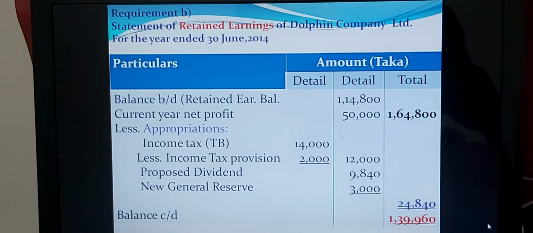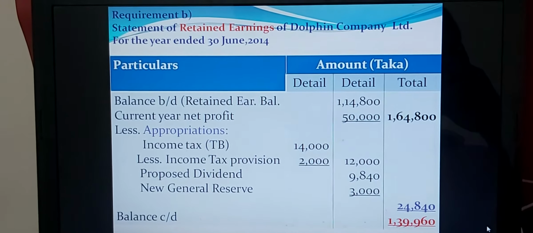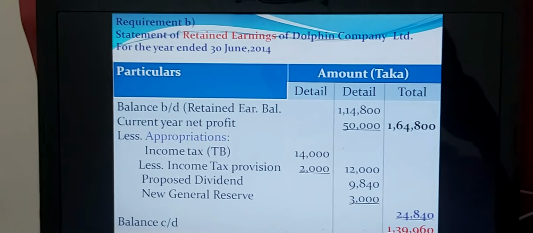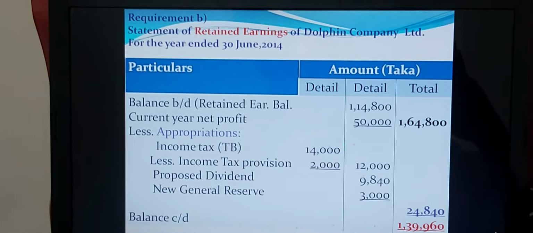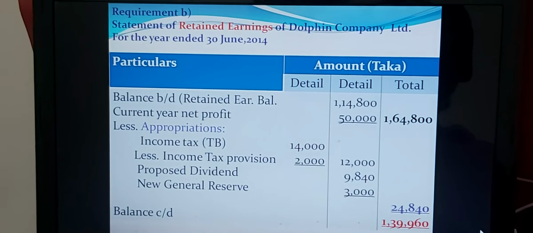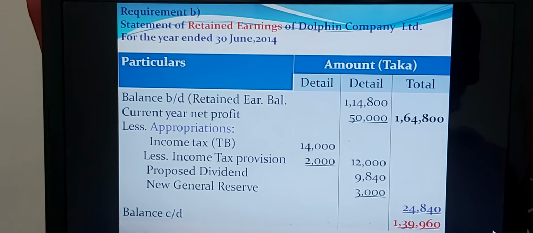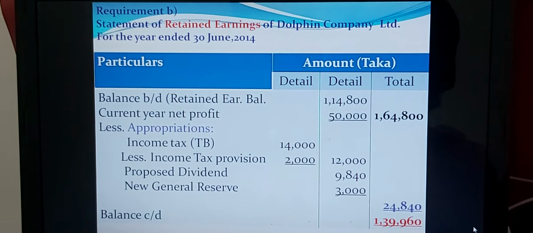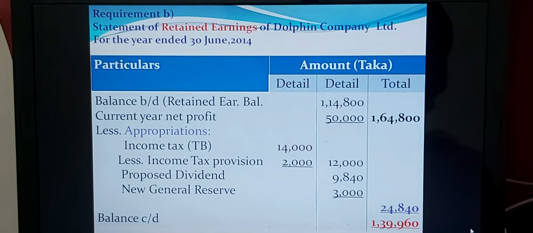All appropriations items to be deducted from the total profit. Appropriations item number 1, income tax and income tax provision. When available in trial balance, you can take these items in retained earnings as appropriations.